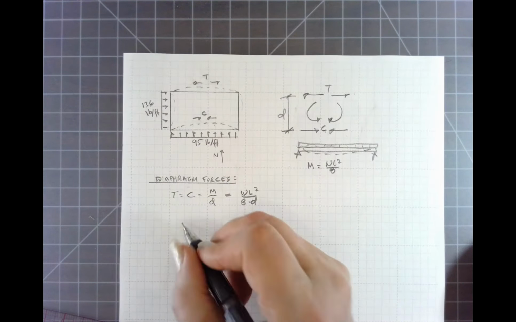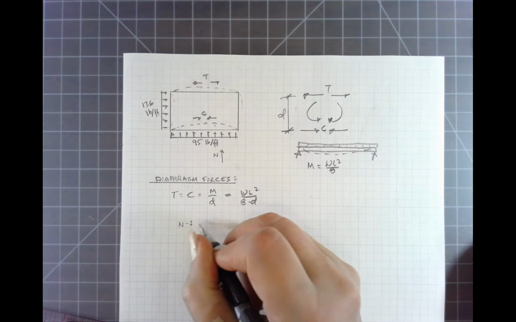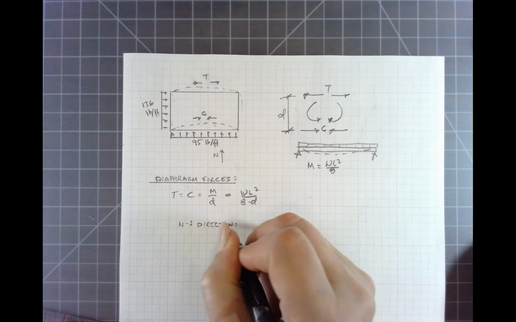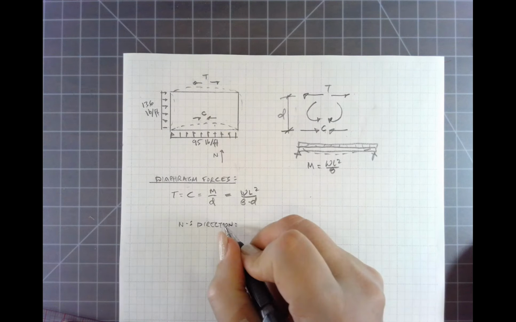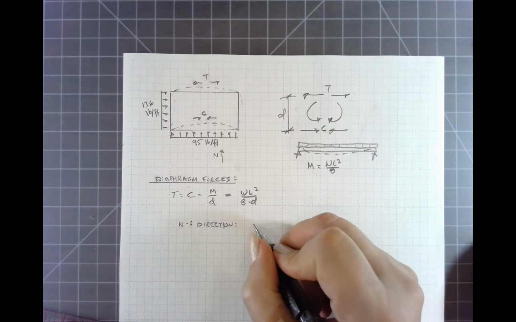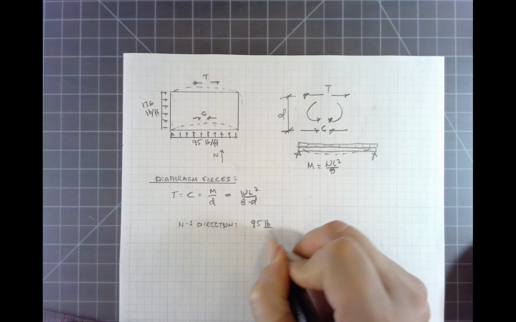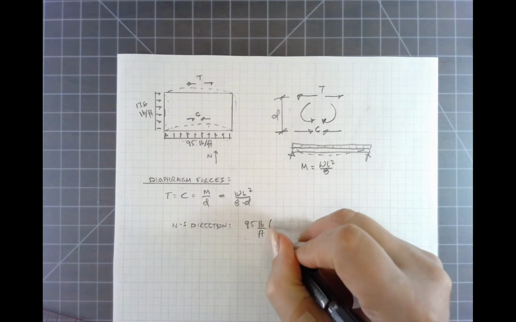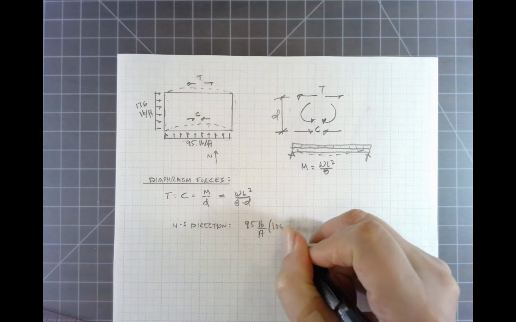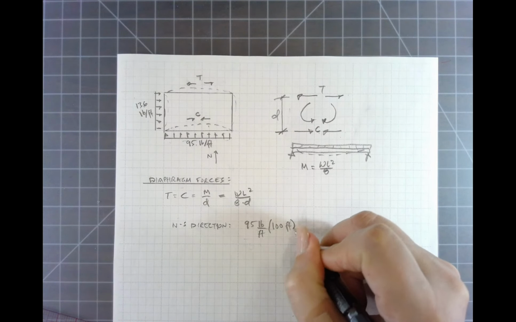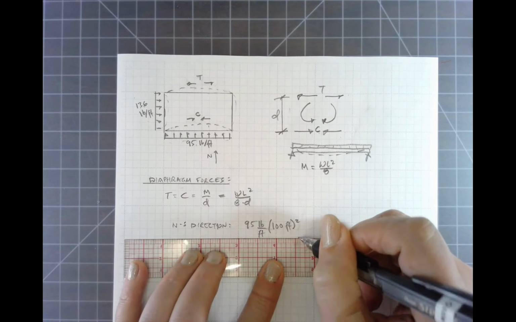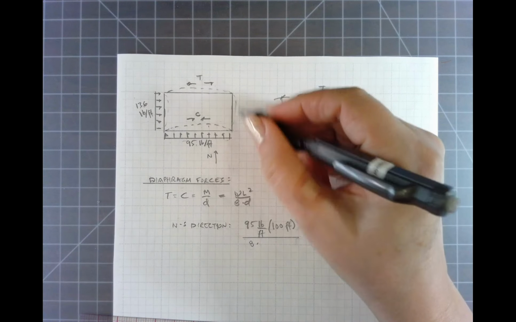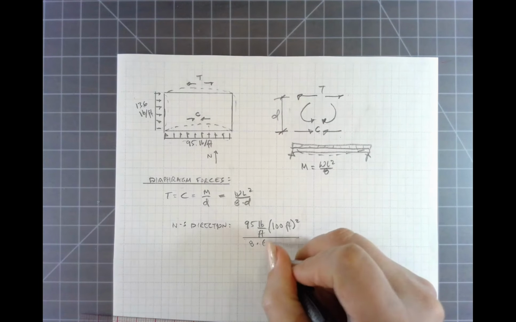So in the north-south direction, that's going to be 95 pounds per foot times our span of 100 feet. Square that, divide that by 8, and the depth of 60 feet.